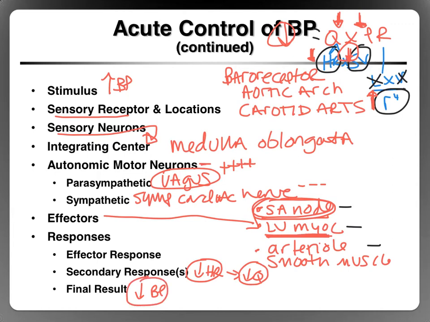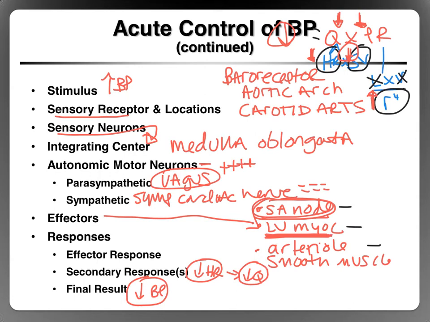Now for the myocardium, the vagus nerve does not go to the left ventricular myocardium. So all signals to the left ventricular myocardium come from the sympathetic nerve. And we've already established that we are going to reduce some of the action potentials going out through the sympathetic nerve.